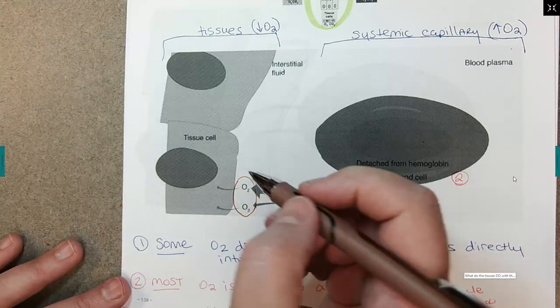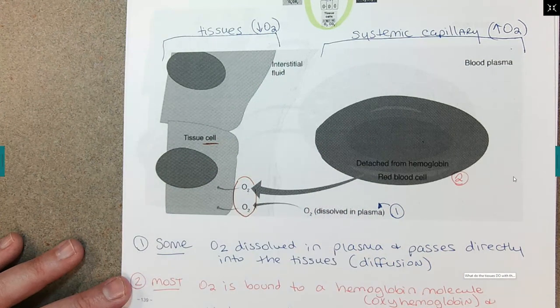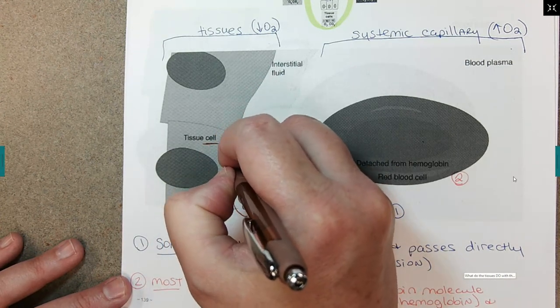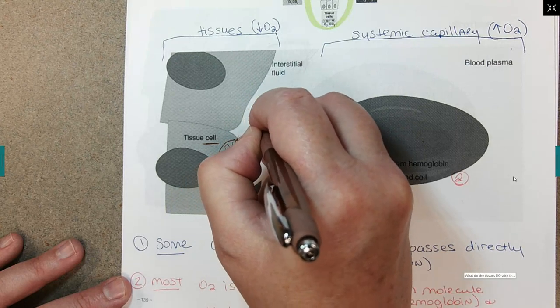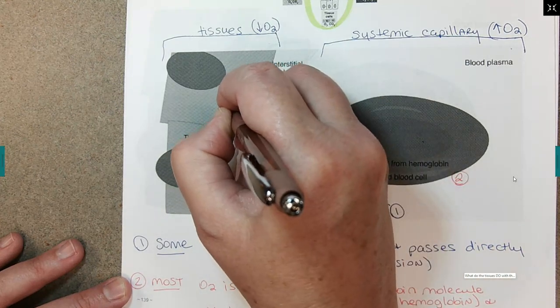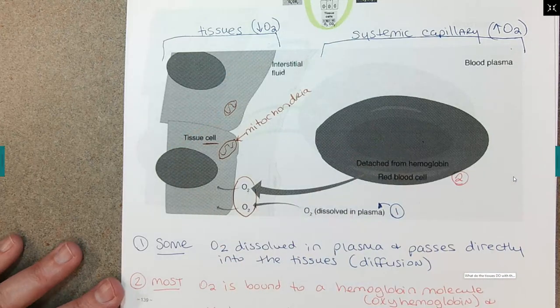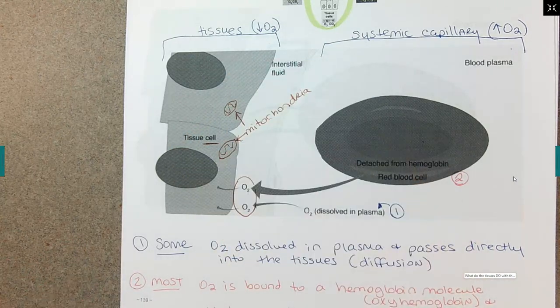If you remember, the tissue cell right here contains mitochondria. Remember, it kind of looks like a little football here. So that's our mitochondria within the cells, and you've got a bunch of little mitochondria within the cells, by the way. There's not just one, there's a bunch of them in there.